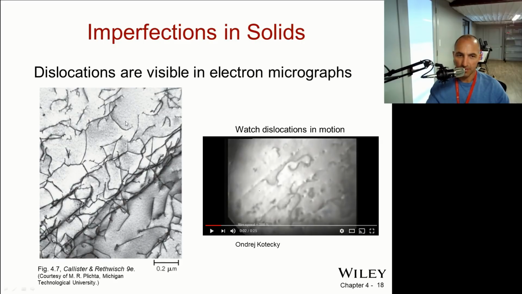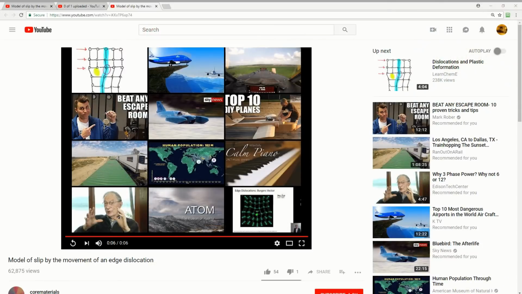And in the picture on the left here, all these little whiskers are dislocation lines. So there's never a perfect screw or edge dislocation. They're always mixed some sort of way. And the cool thing is somebody made a video of a dislocation, and let's watch that.